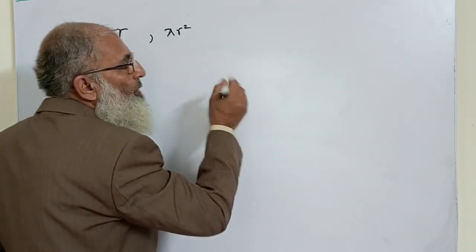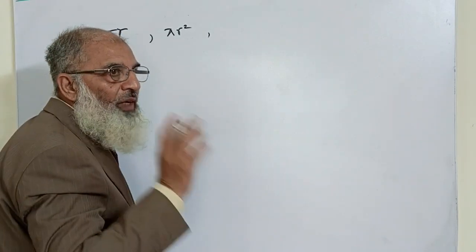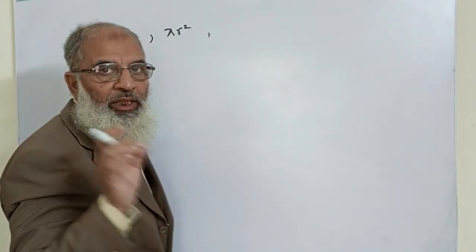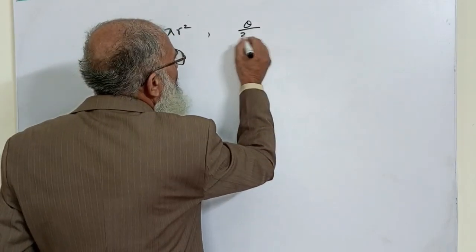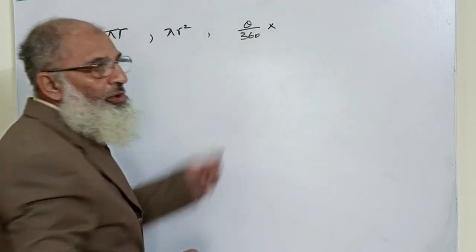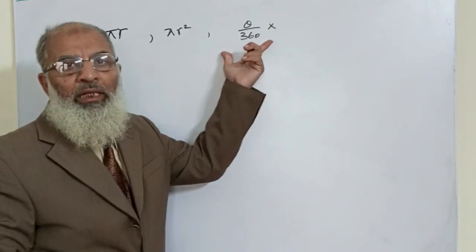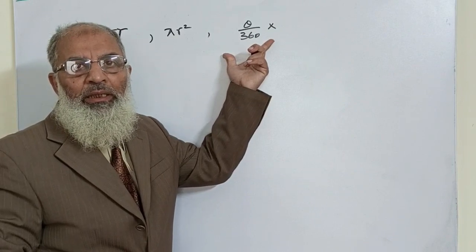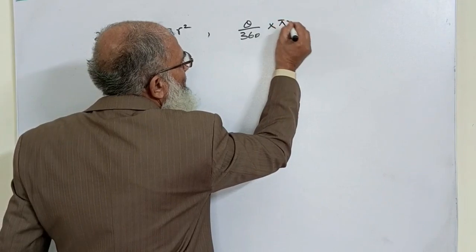Now if we want to know the area of a sector in a circle, we have to provide the sector. Now this is the sector, this is the angle of the sector, and you know there are 360 degrees in the circle. Therefore the same formula will appear over here.